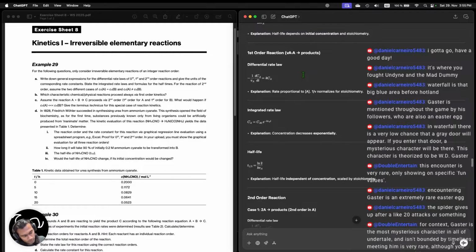The second one is case 2. So, what was the difference between second order and first order?